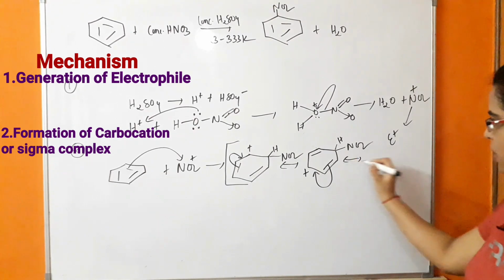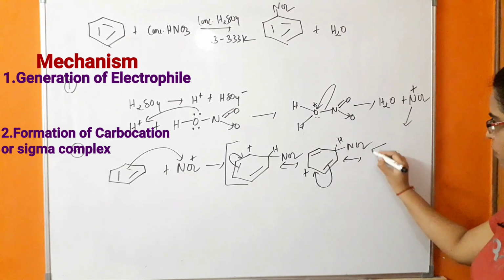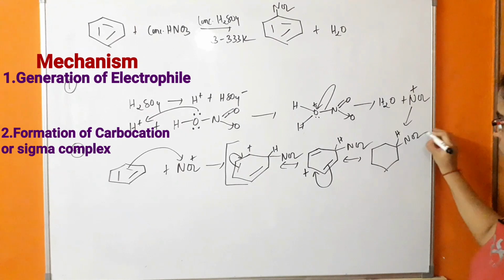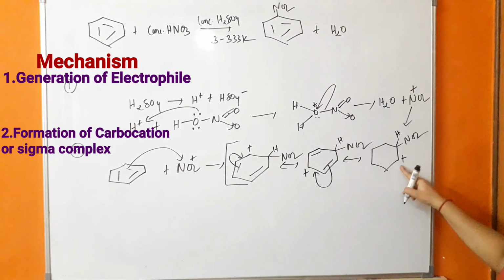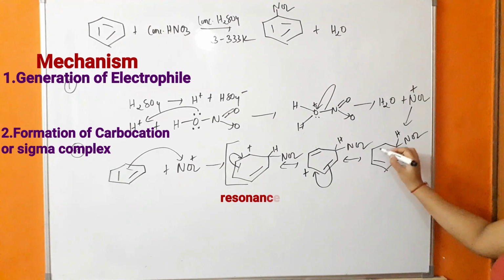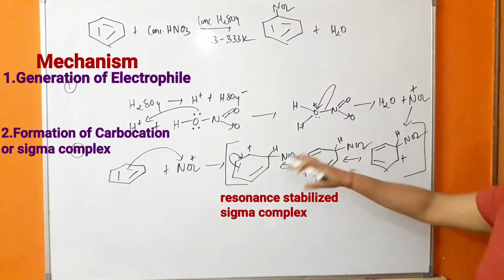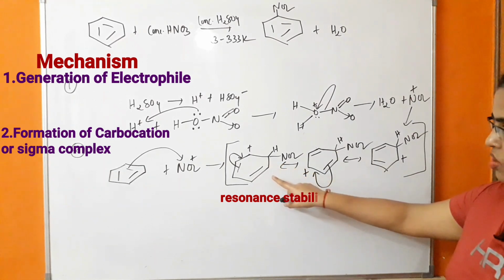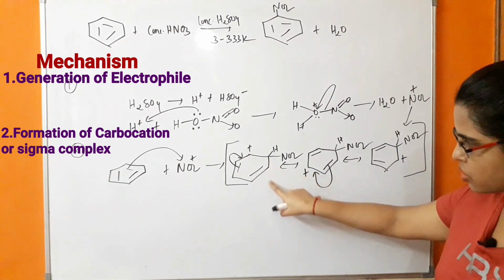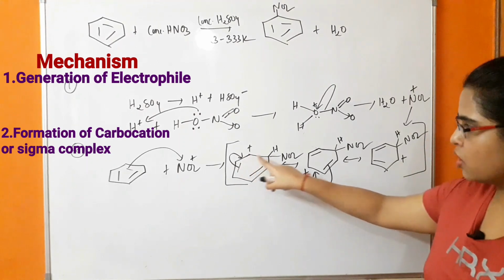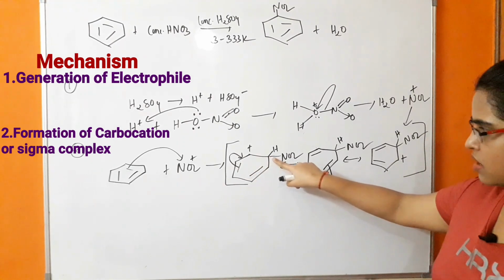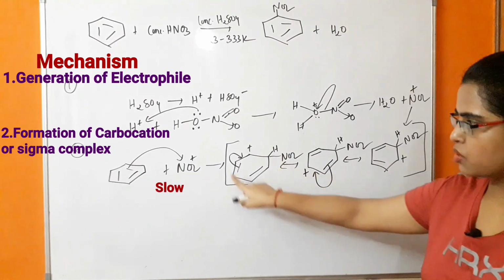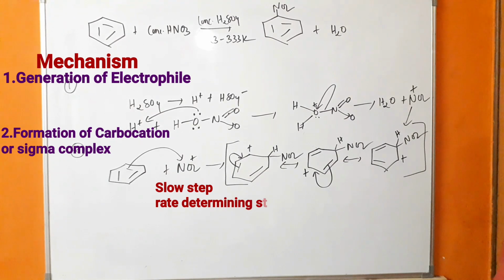So further, what is happening? There is formation of another structure, in which there is positive charge, and the pi bond will be coming on this position and on this position. So there is partial resonance stabilization. It means resonance, that is delocalization, is taking place from this carbon position to this carbon position, not at this carbon, because in this case there is no pi bond, due to which only partial delocalization is taking place.